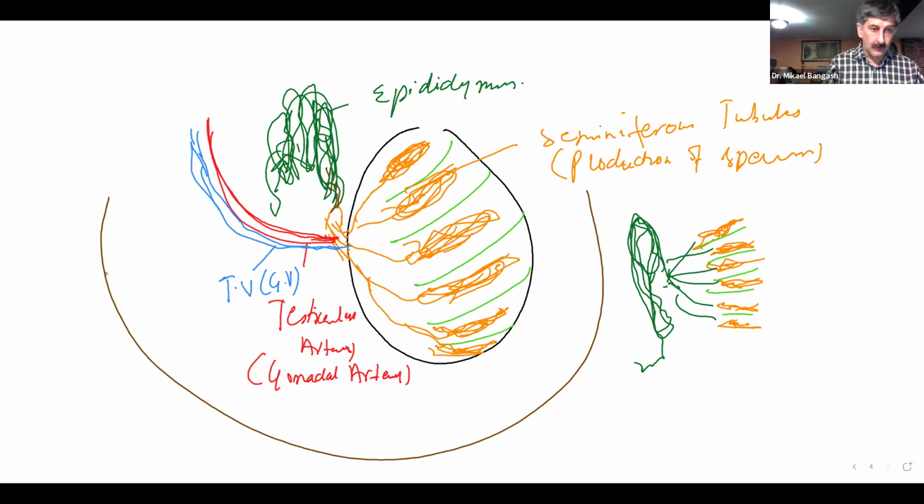What this epididymis finally will become is what we call the vas deferens.